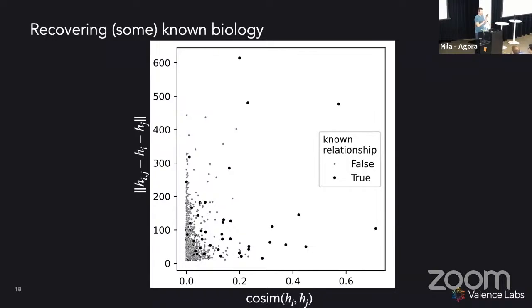This is how recursion finds interactions in the sense that we talked about before. If things are highly cosine similar, like points out in this region, we'll say they're likely interacting because they have similar morphological effects. So they're probably on the same pathway. That's the cosine similarity metric.